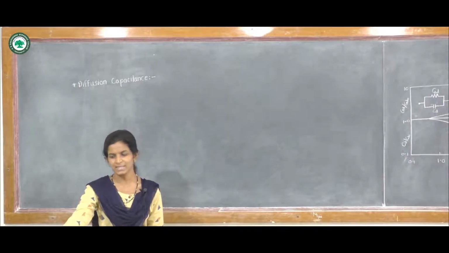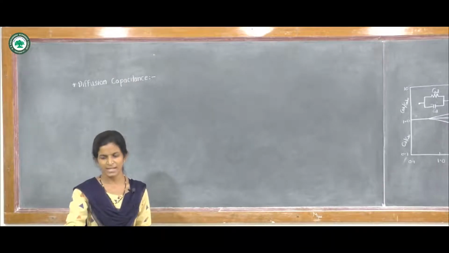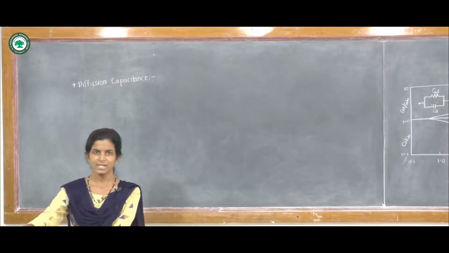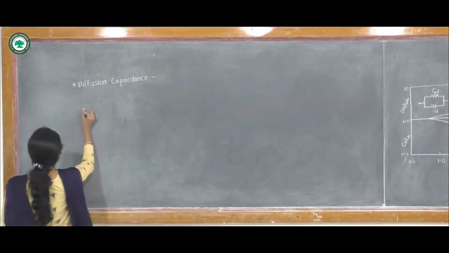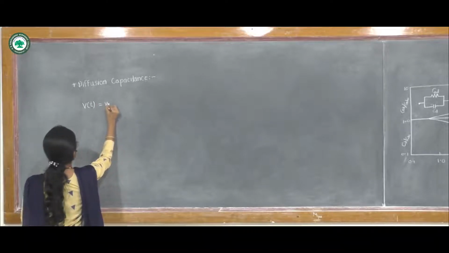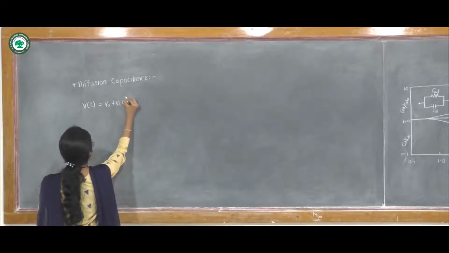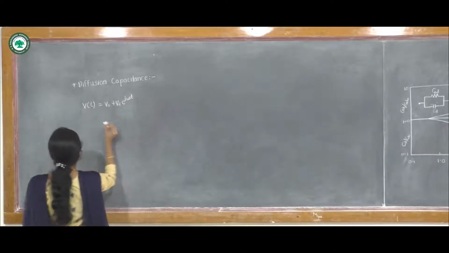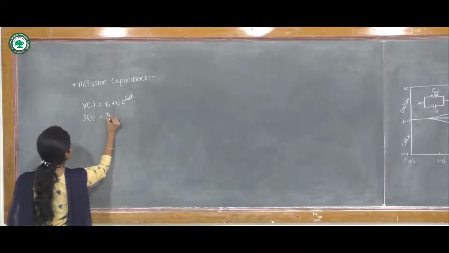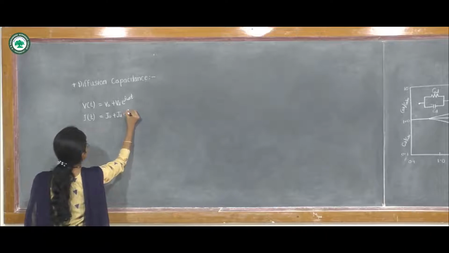When a small AC signal is applied to a junction that is forward biased to a voltage V0 and current density J0, the total voltage and the current are defined by the equations, that is V(t) = V0 + VL e^(jωt), and J(t) = J0 + JL e^(jωt).